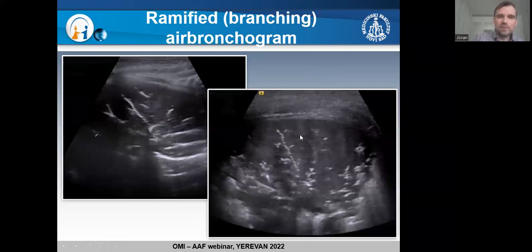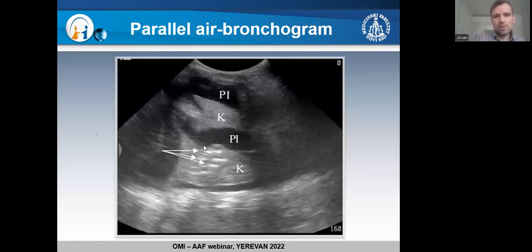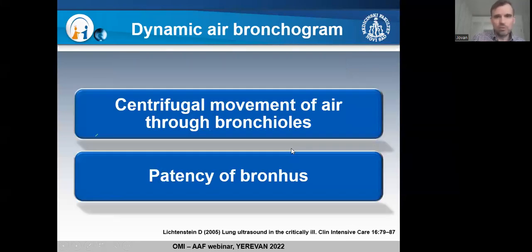Then you can see this, sometimes this beautiful branching air bronchogram within the huge consolidations, and it's very characteristic, definitely, of pneumonia. Then you can see parallel air bronchogram in passive pneumonia, in this case due to massive pleural effusion.